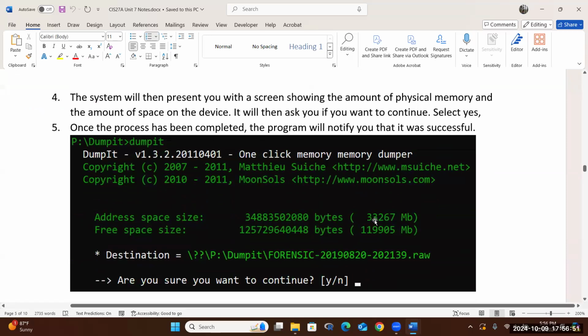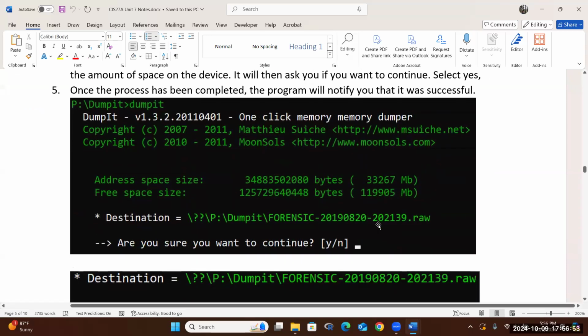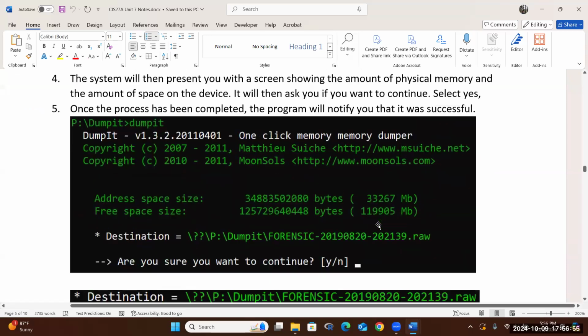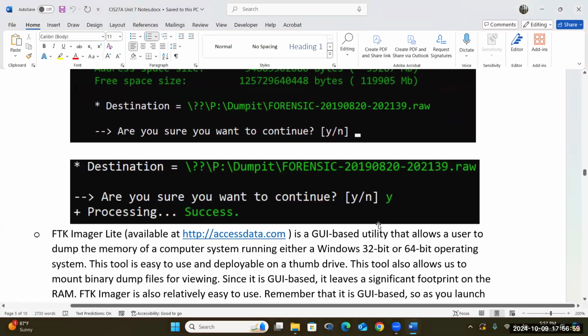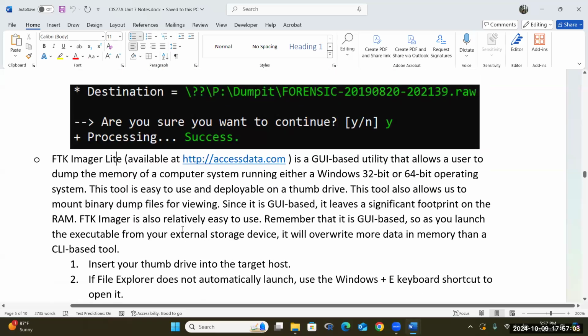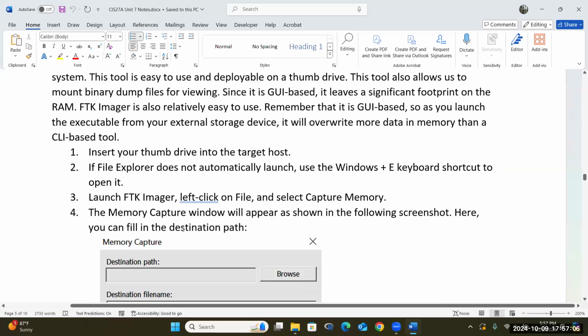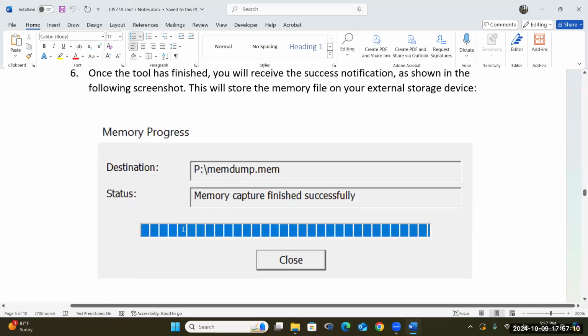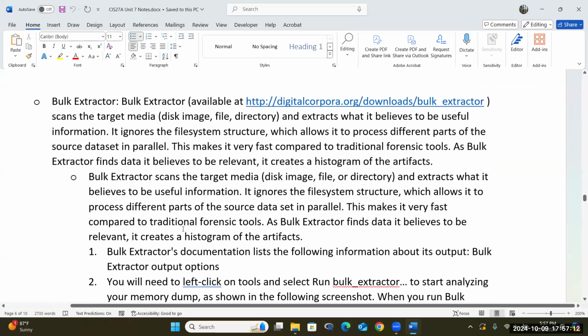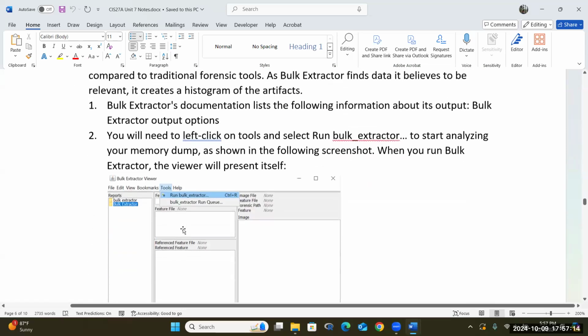There are some tutorials from the company floating around on YouTube, if you want to watch them. Did I write a lab with DumpIt? I don't remember; I'd have to go back and look. And then you can use FTK, and bulk extractor from Digital Corpora.